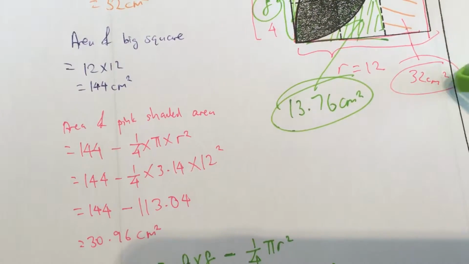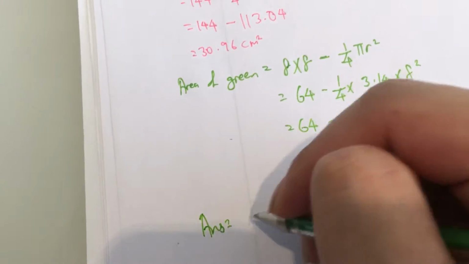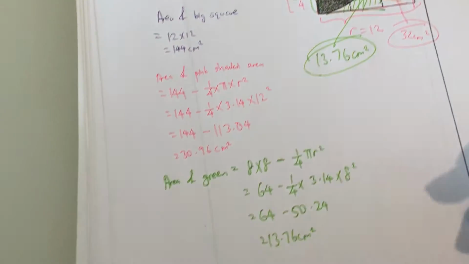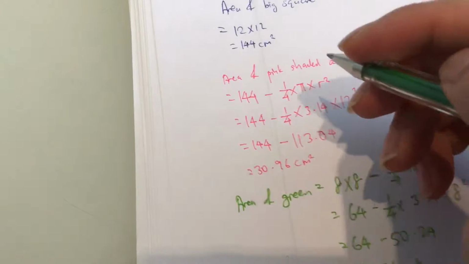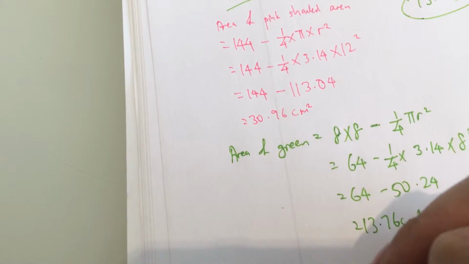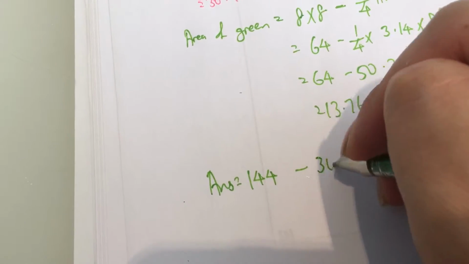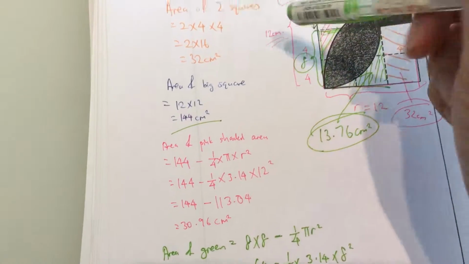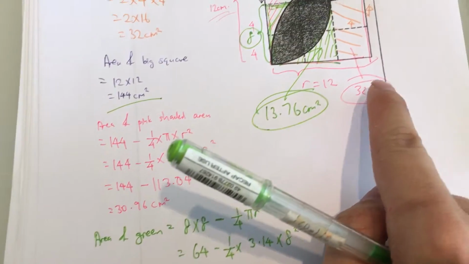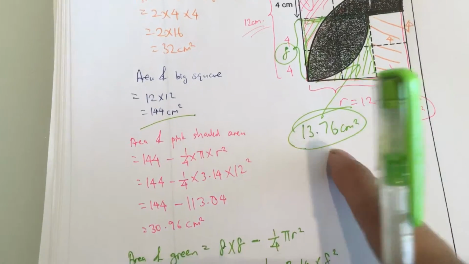So we have the pink, the green, and the orange. To find the answer, we take the big square, which is 144, minus 30.96, which is from here, then minus off this one, then minus off this one.